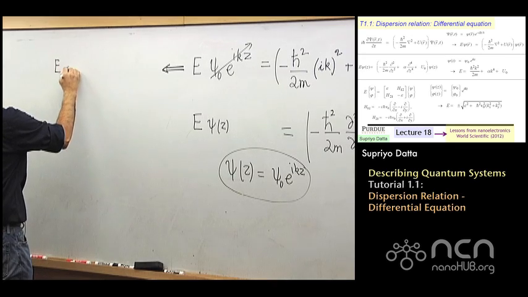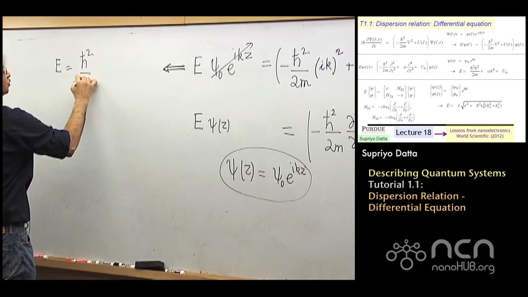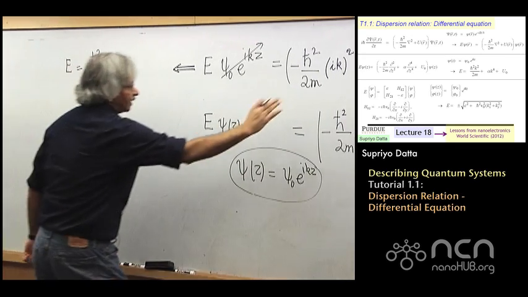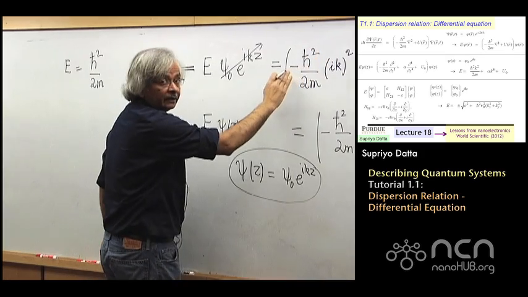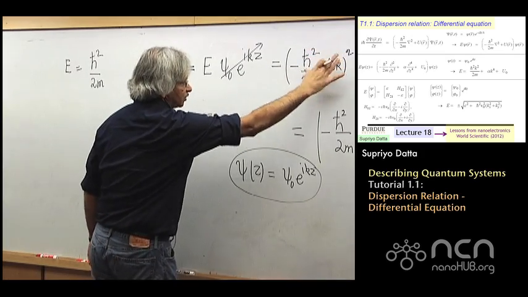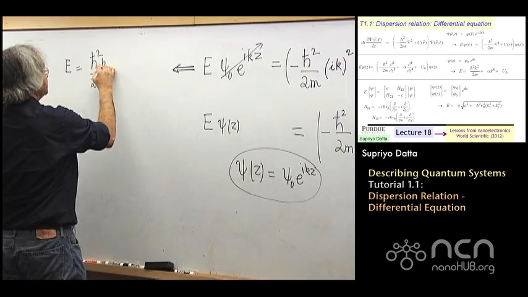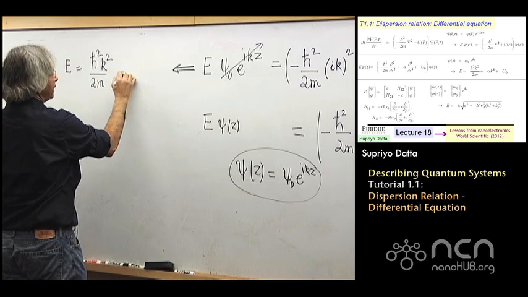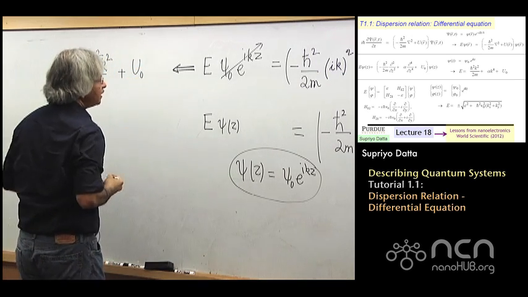E is equal to h bar squared over 2m. Note that I have an i squared and a minus sign, so that just all drops out. You get h bar squared k squared over 2m plus u0.